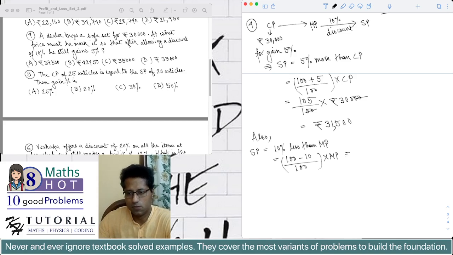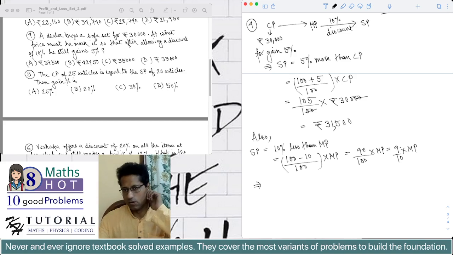This is equal to 90 by 100 multiplied by mark price, and this is equal to 9 by 10 multiplied by mark price. We have already computed the selling price to be this, and also the selling price is this.